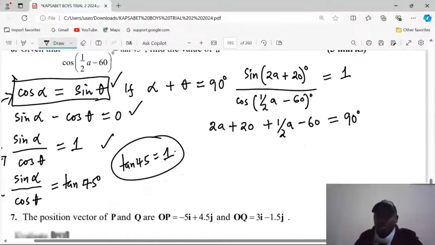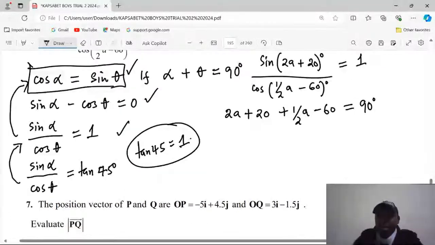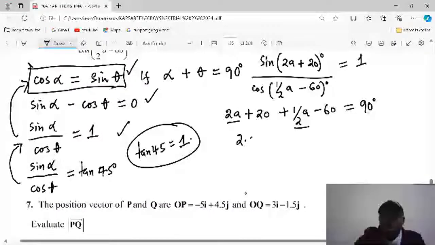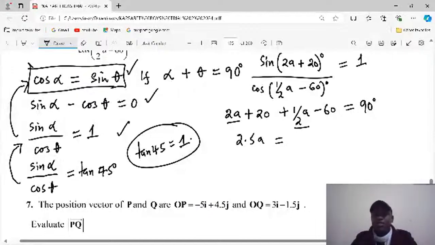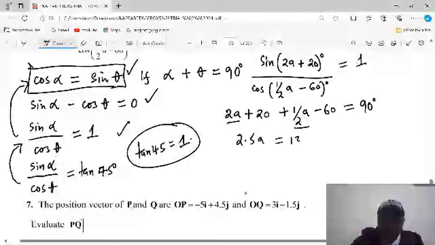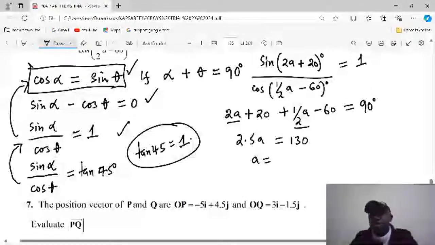And so on grouping like terms together, we say 2a and half a give 2.5a. This is equal to, we take 90, we add 60, but subtract 20. This is going to give us 130. And this means the value of a is going to be, we divide by 2.5. This is going to give us exactly 52.